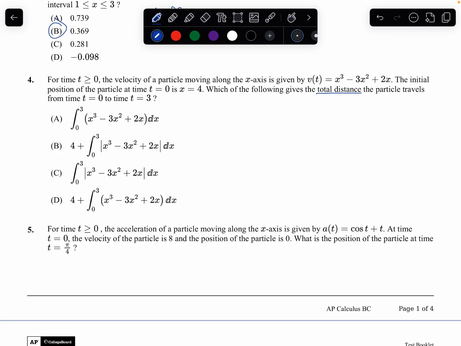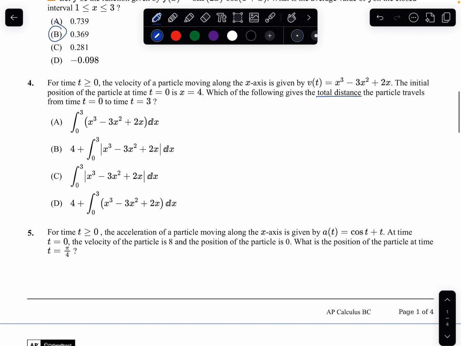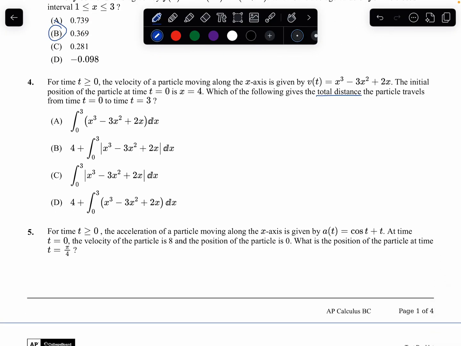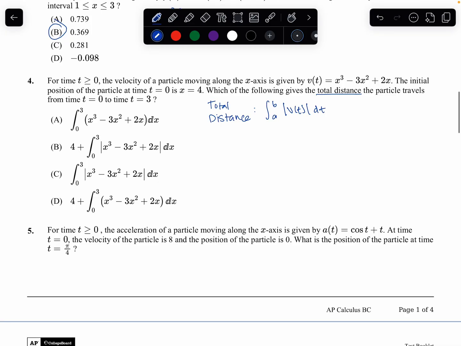So total distance, if you guys remember, yes, you have to have these memorized. Total distance is the integral from a to b of the absolute value of v of t dt. So we're not looking for position, we're not looking for displacement. We are looking for total distance traveled on the interval.